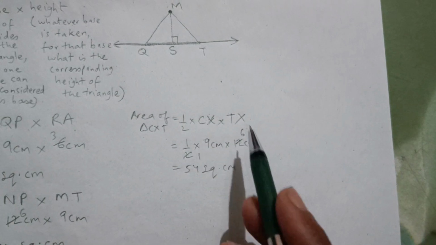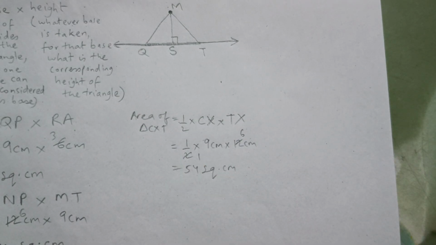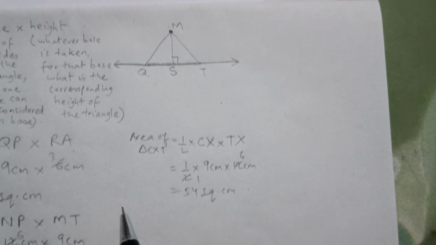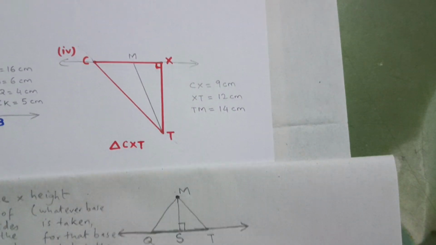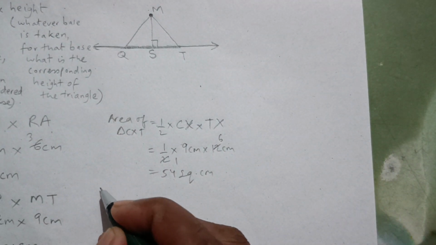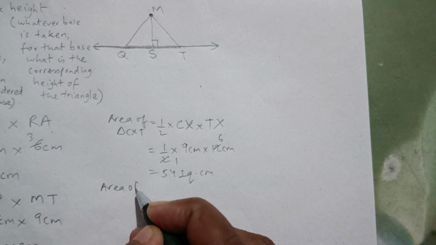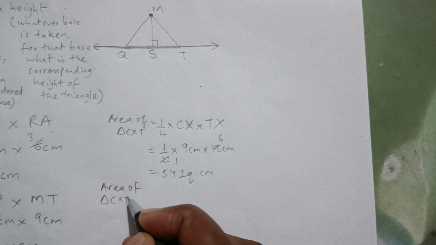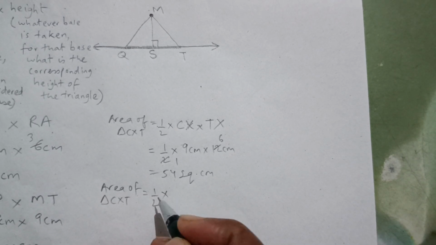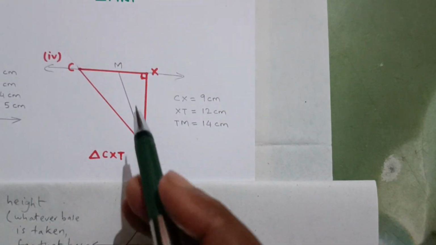Now this same question you could have solved in another way by taking the base as Tx. How? So I will solve it. So area of triangle CXT is half into, so here we have taken the base as Cx.